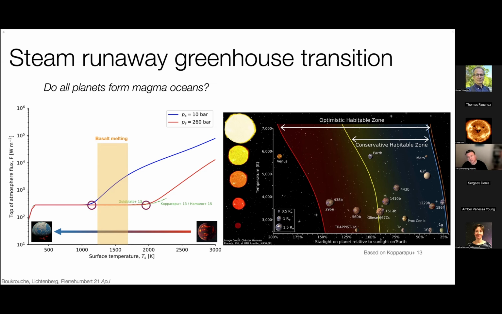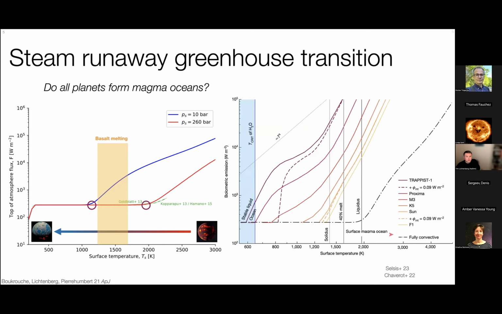An interesting aspect, which feeds into the motivation of this protocol idea, is that this curve is only really valid for a fixed surface pressure until about this point, because beyond that, if your atmosphere is convective, the surface temperature will rise above basalt melting.